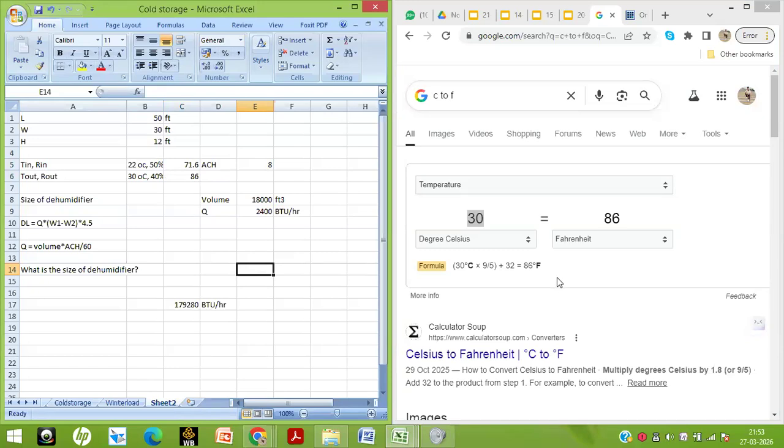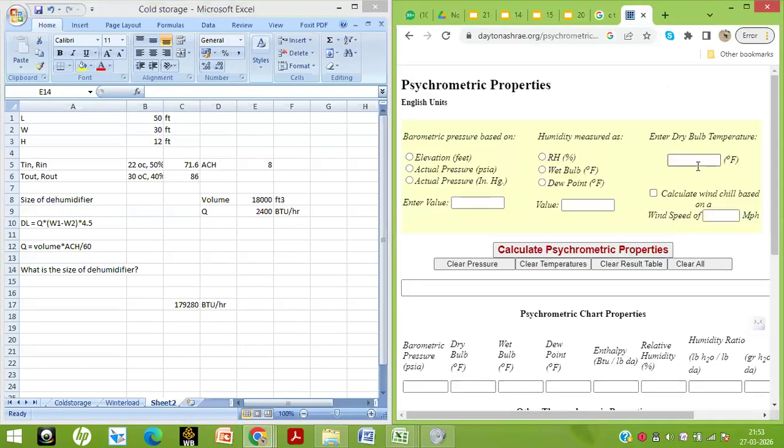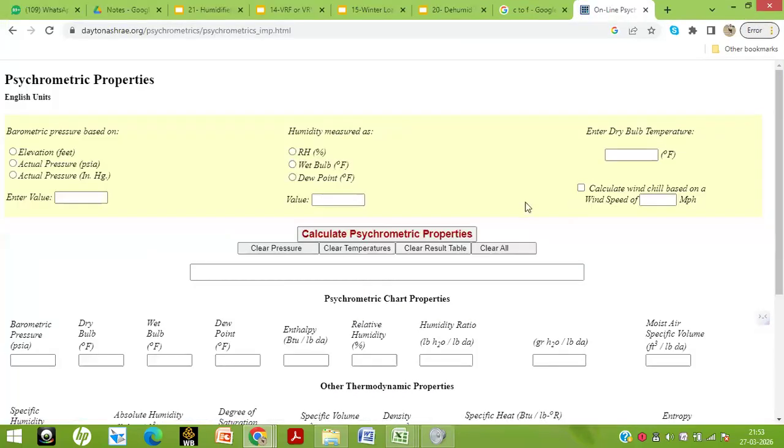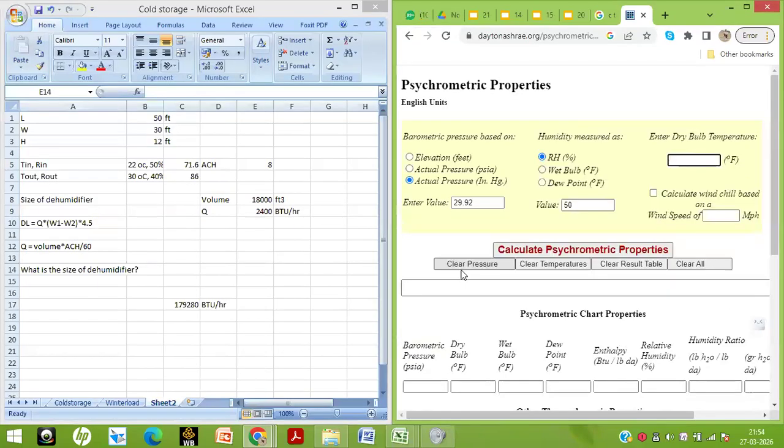Now, just use this calculator. It is already in degrees Fahrenheit. Let me check that. We need to calculate RH. We have two options: RH, and elevation in inHg itself, and we need to calculate DBT, which is 71.6.